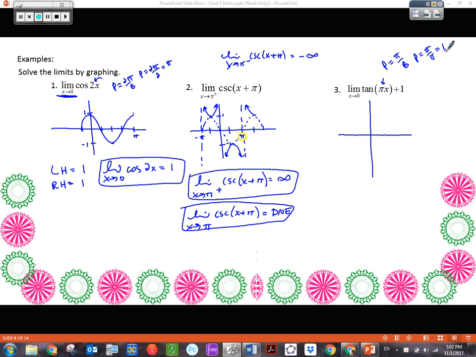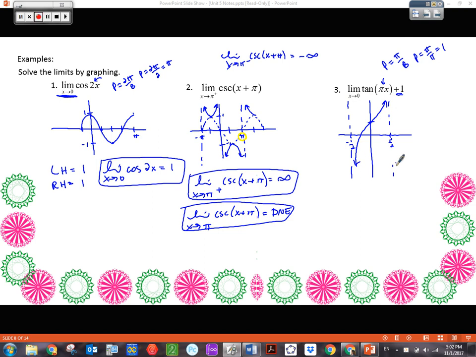Okay, that's a little weird, but okay. So the period is 1, so we would go negative 1/2 over here and 1/2 over here. Alright, so we know our asymptotes would be there. We know it would be up 1, right? This would be a transformation of up 1. So our tangent graph would look something like that.